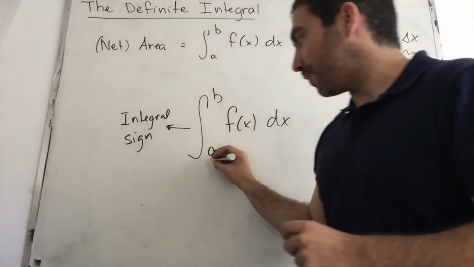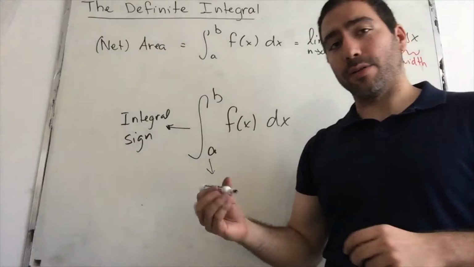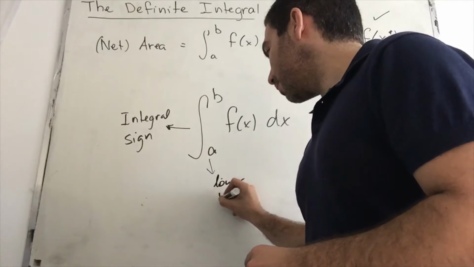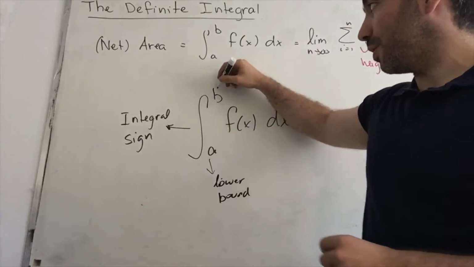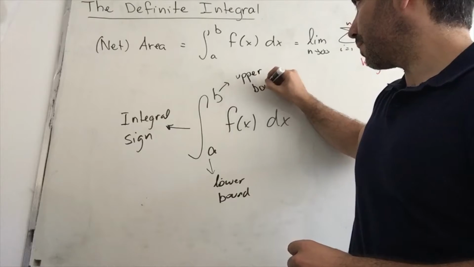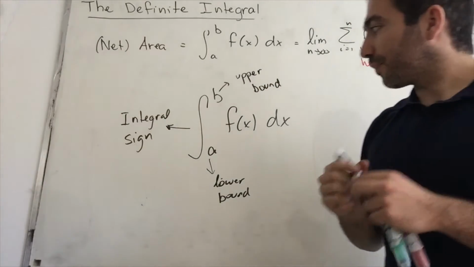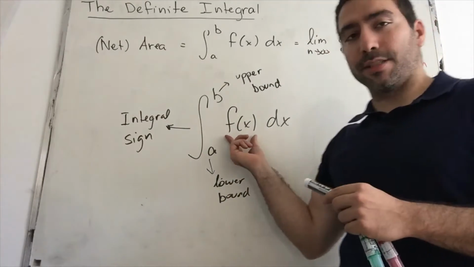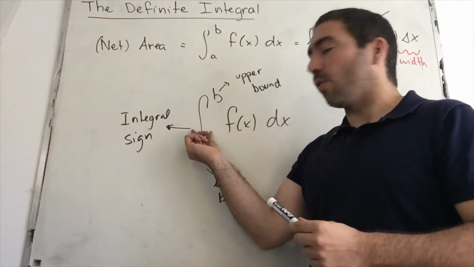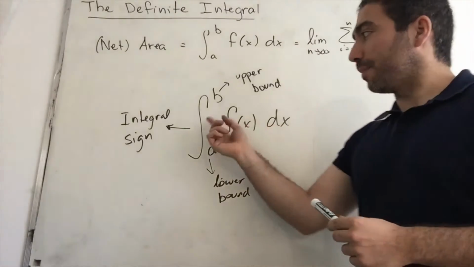What's important here is you have your a, which is the lower limit or the lower bound, and b is the upper limit or the upper bound. And f of x is the function that we're integrating, and dx, I mentioned earlier, always goes with the integral symbol.